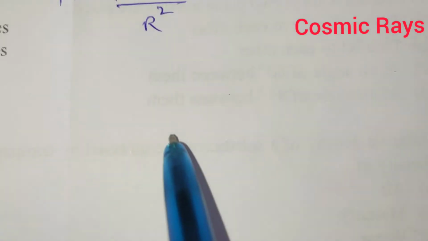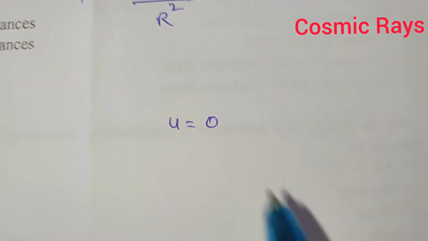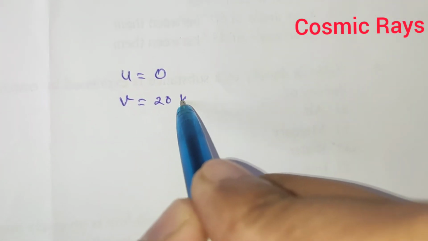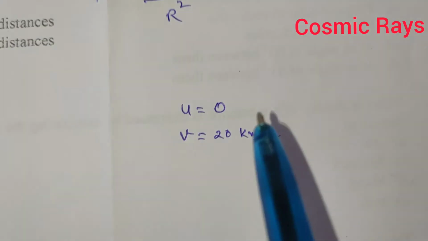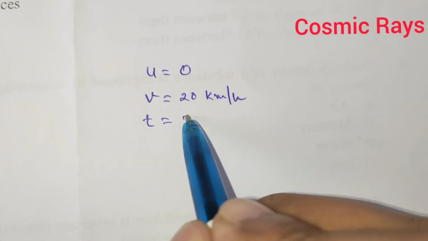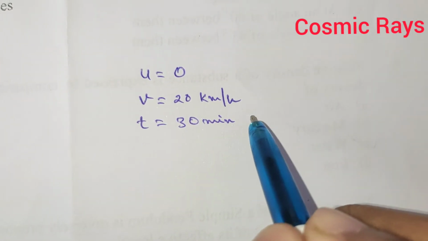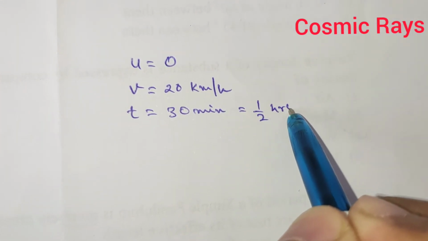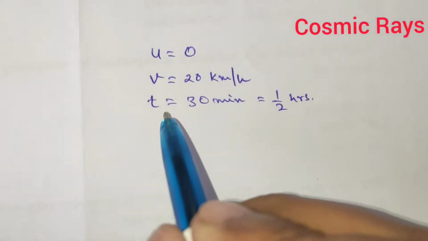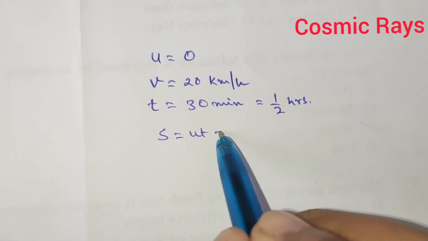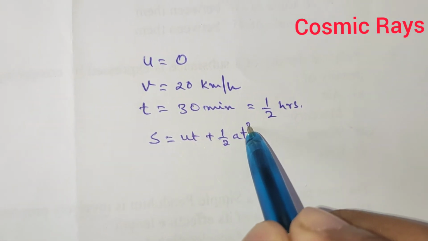The things given here: u is 0 because the car is starting from rest. Then the final velocity, it is achieving a speed of 20 km per hour, and the time given is 30 minutes or 1/2 hours. So we have to find out the distance traveled. We know that S is equal to ut plus half at square.